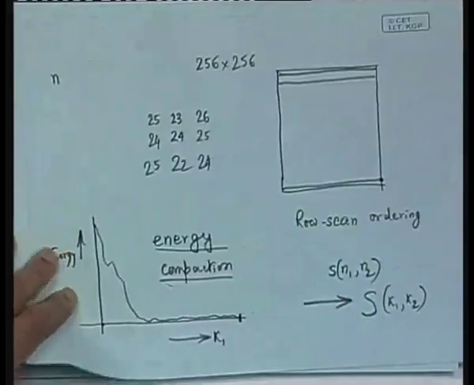In that case we will be able to achieve a significant amount of compression in the process. But to make it amenable to compression, this kind of energy compaction was indeed necessary.